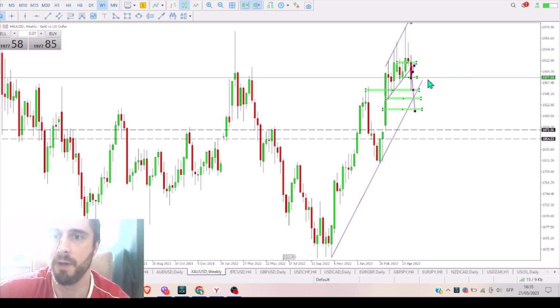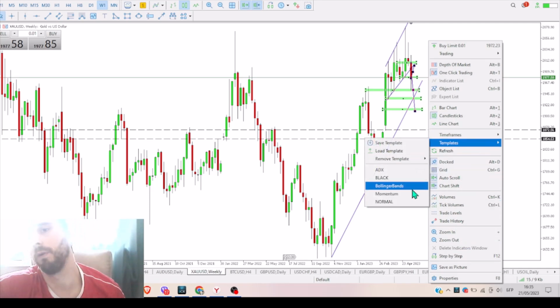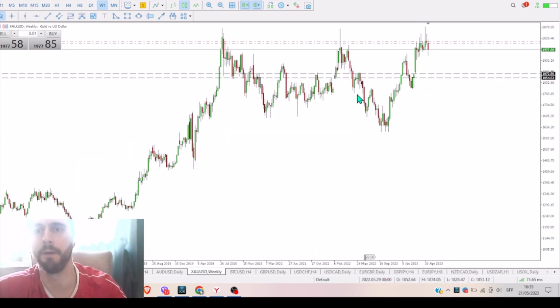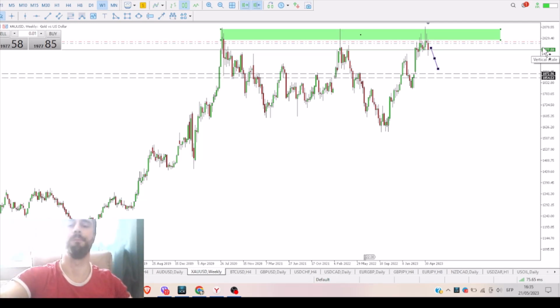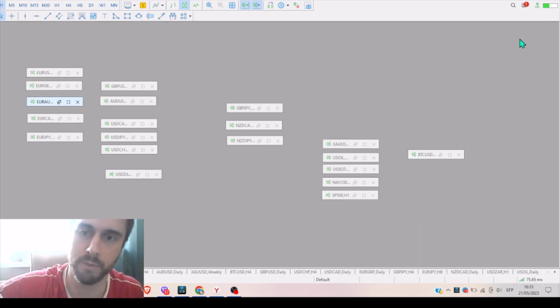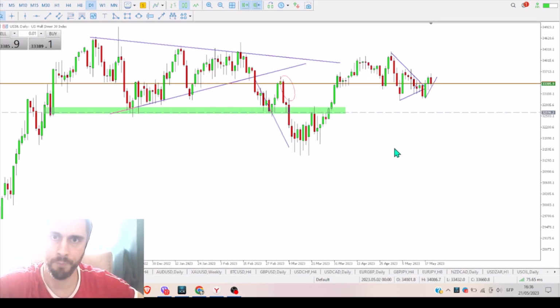Very bearish price action on the weekly chart, so that is what I'm thinking. On the weekly chart you can see that we have respected a very nice area of resistance, and we should continue to the downside at least for a while. That is my opinion on gold, guys.